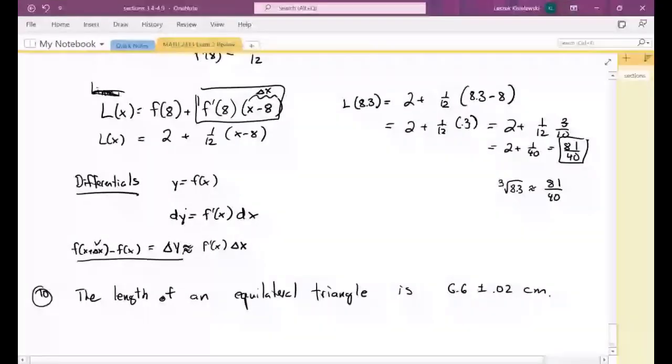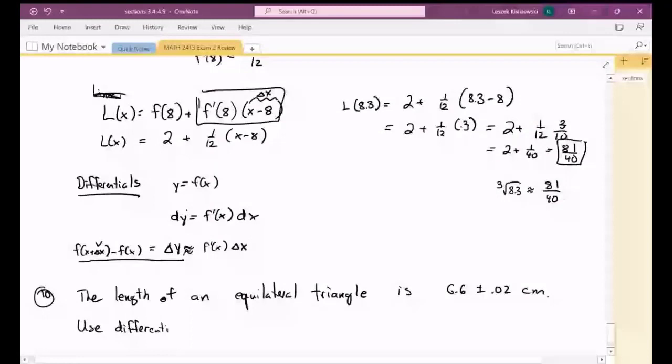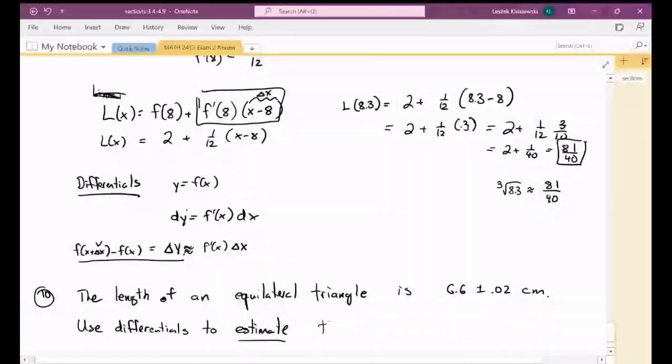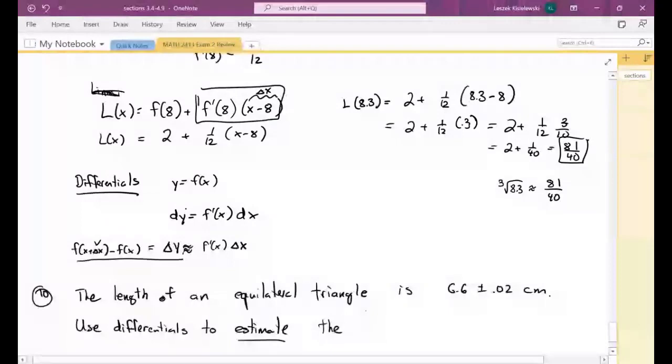So we're going to use differentials to approximate. Of course, we can use computers now to get the actual error in calculating the area of that triangle.